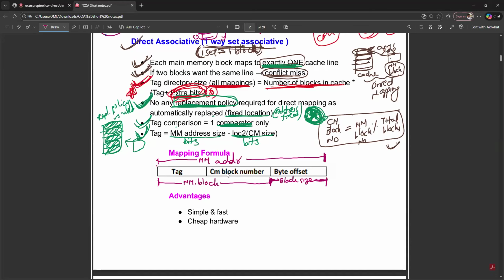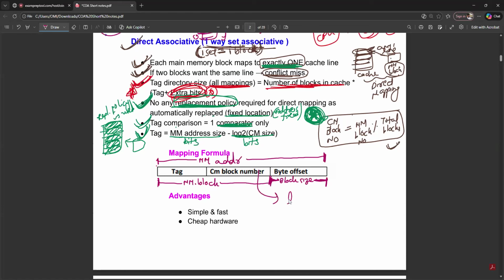And if this is also given, this is the byte offset. So if block size is given, you can easily find the byte offset and the cache memory block number. How can you find the cache memory block number?